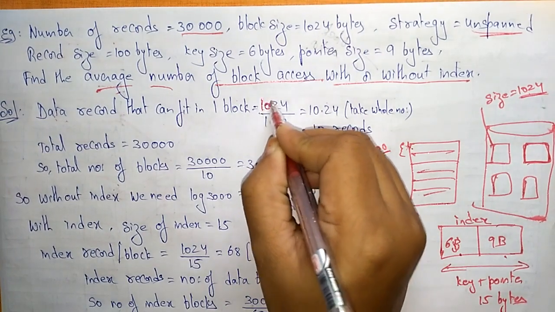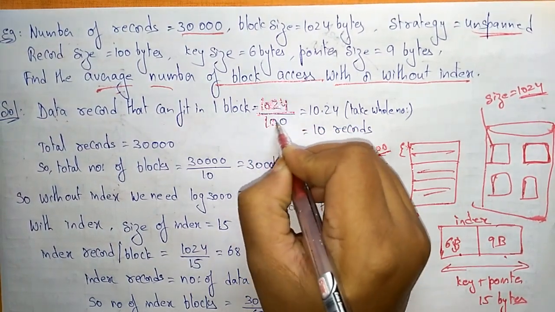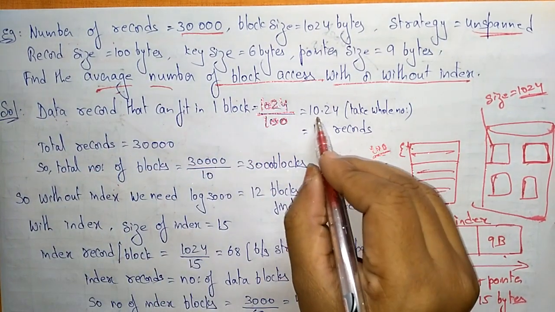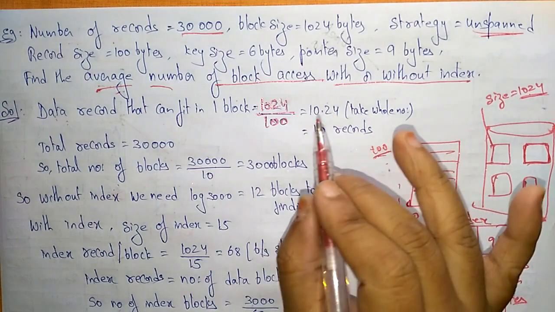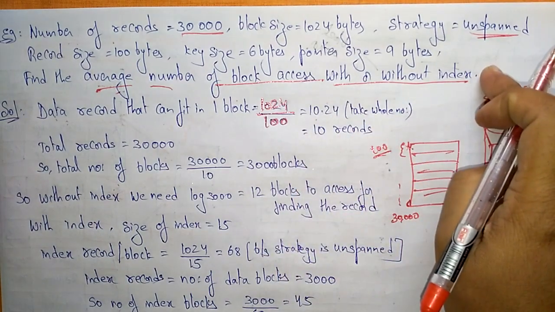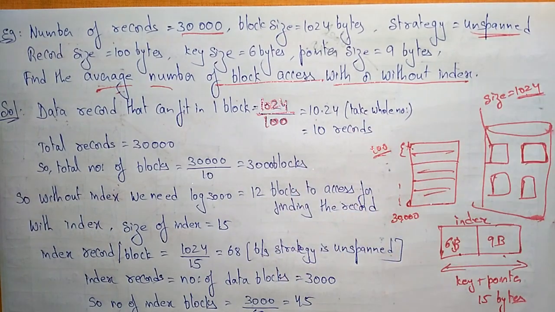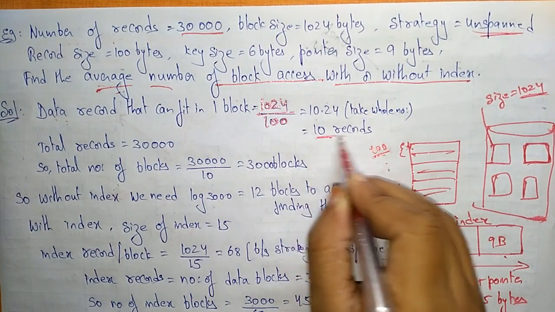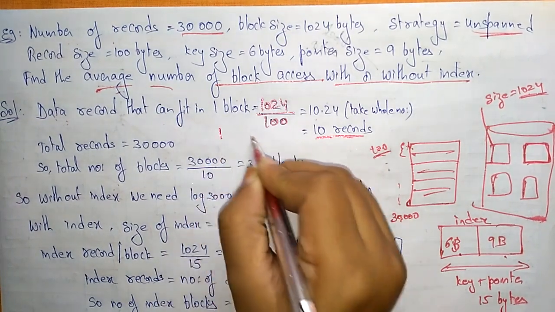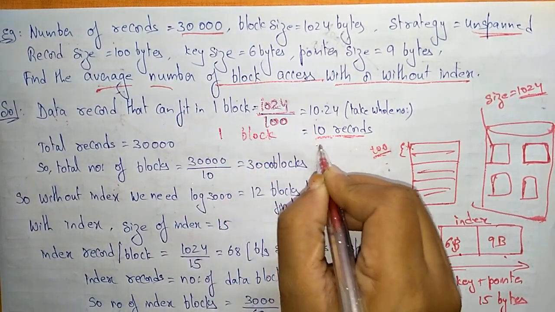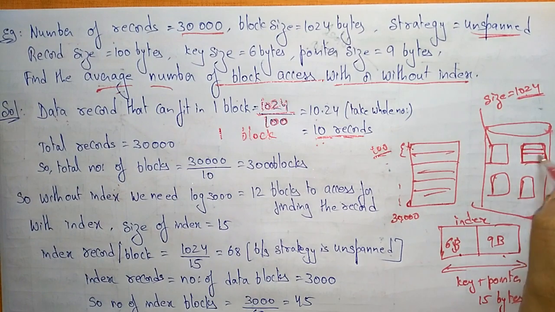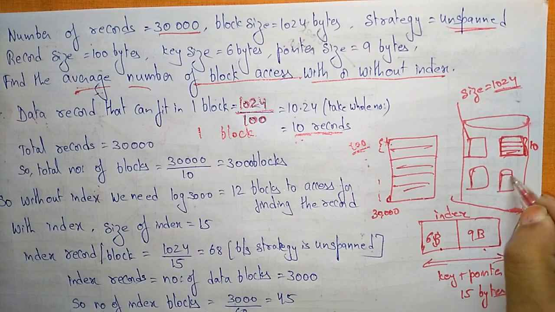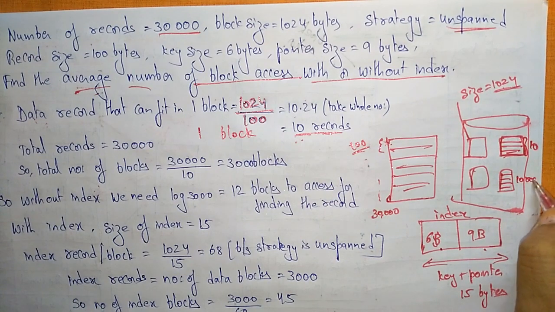So 1024 by 100 gives 10.24. But we take only the whole number, because this is unspanned, so only records that fit completely in one block are counted. That is 10 records. So in each block you can place 10 records.